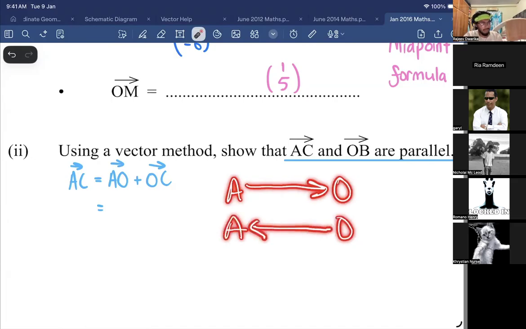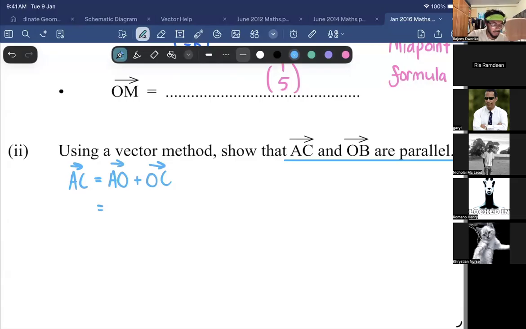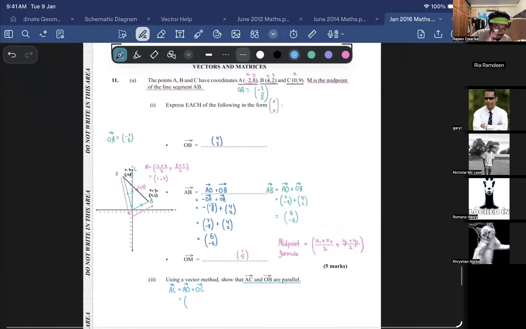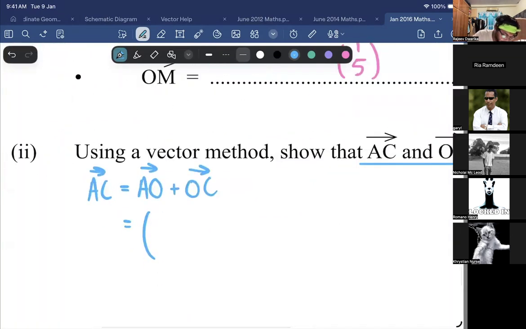Opposite. Anytime we go in the opposite direction, we change the signs. OA was -2, 8. What do you think AO would be? Positive 2, -8.